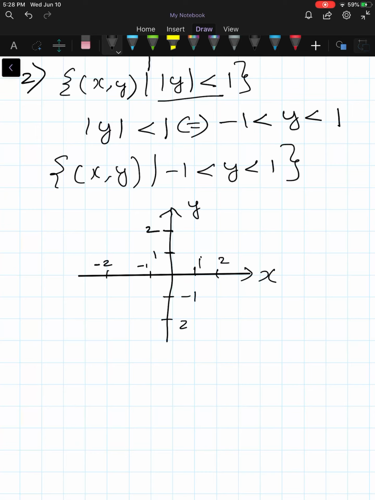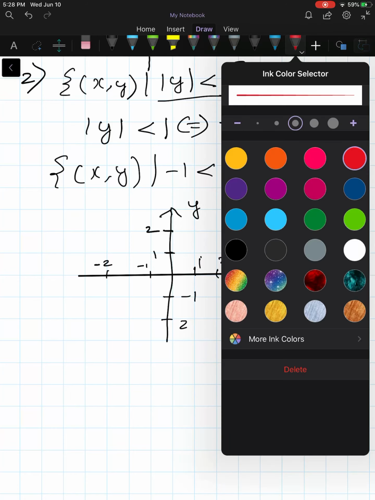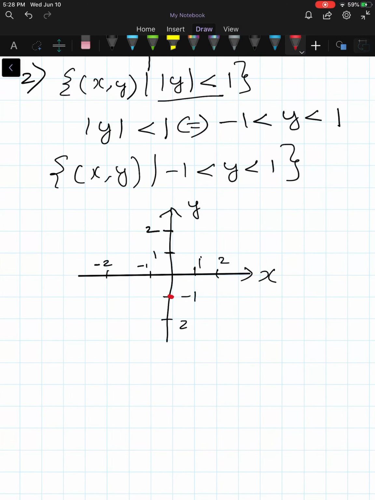So y must be greater than -1, so all the values lie between the origin and -1 but not equal to -1. To say that it is not equal to -1, let me draw dotted lines and shade all the x. x can take any value, positive or negative, because there is no restriction laid on x.